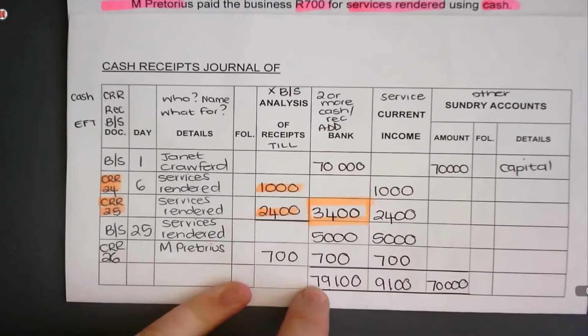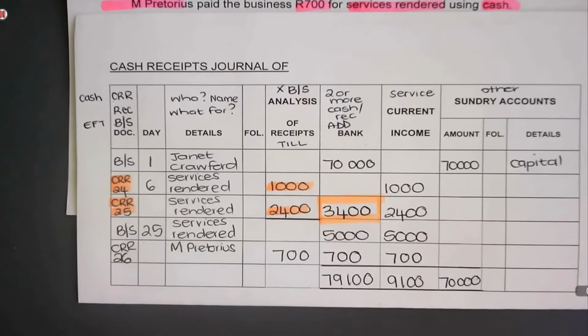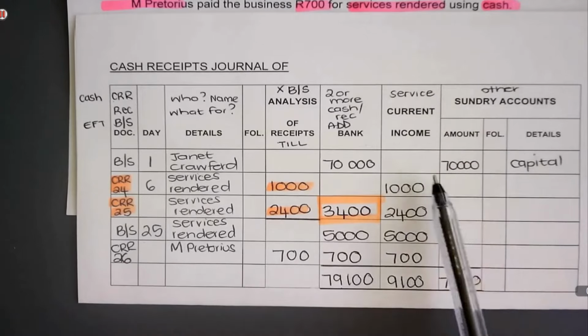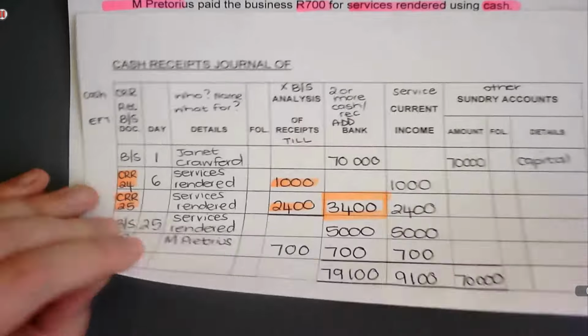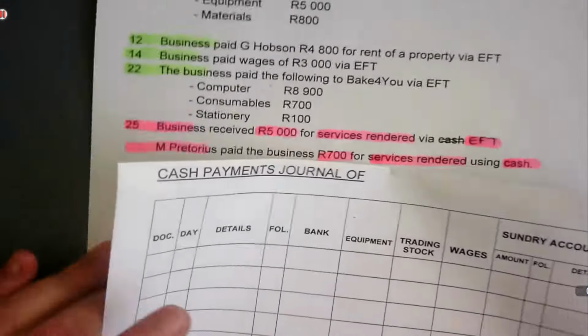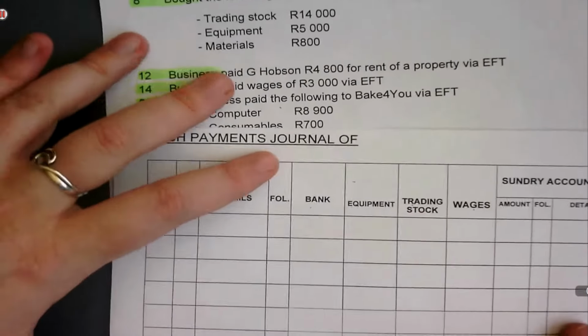Yes, it does. So then I know that I've done the correct thing, because all the money I'm receiving has to go into my bank account. So I've received money for services and I've received money for other stuff. In this case, there was only one thing, which was capital. So that's the CRJ. When we look at the CPJ though, this one is actually even a little bit easier.